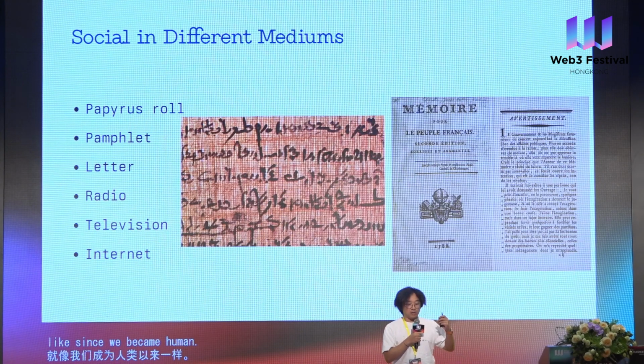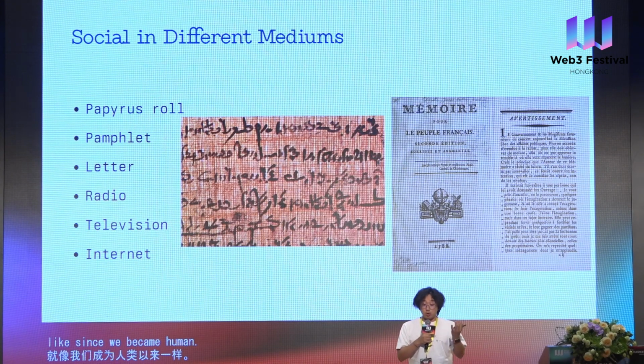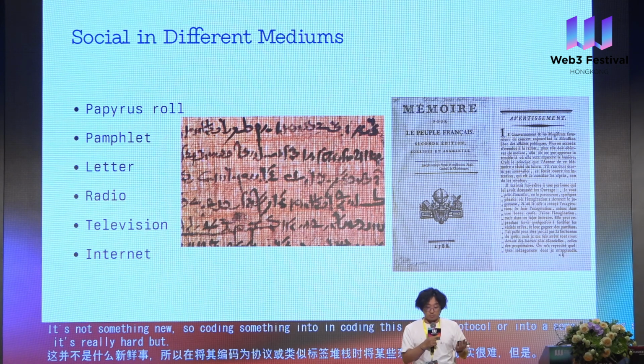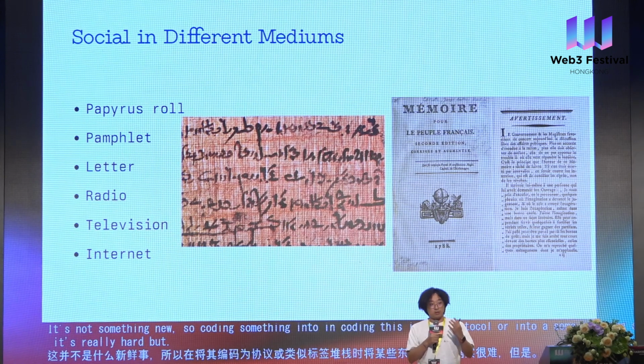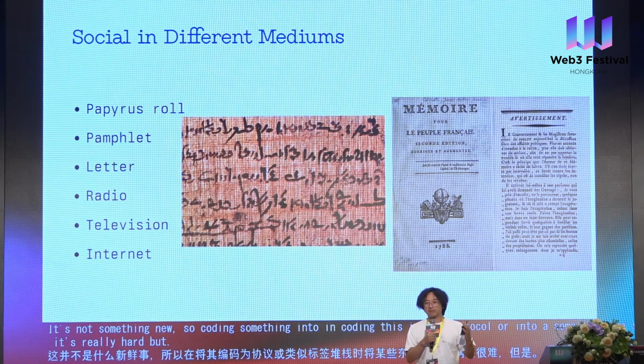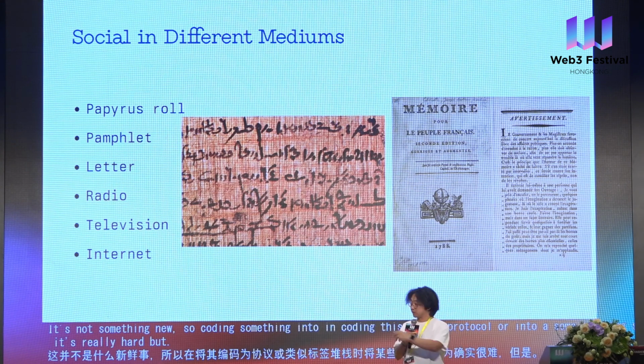But okay, yeah. So social is also in different forms or different mediums. We have papyrus rolls that were used 1,000 years ago by a Roman statesman to exchange information, as you can see here.